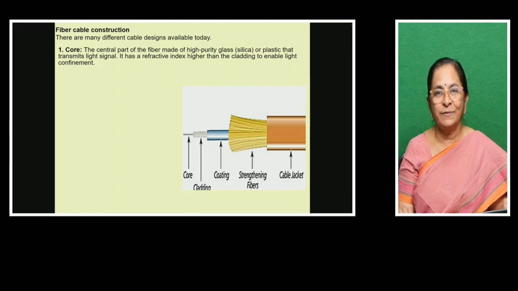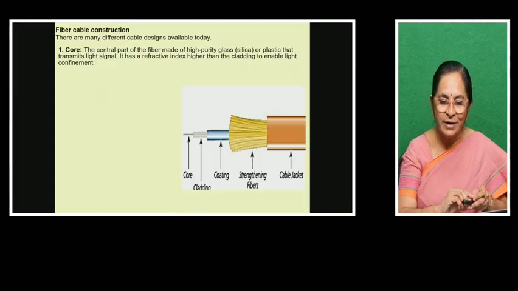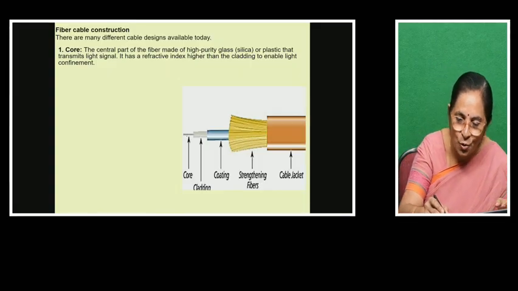The refractive index of the core should be higher than the refractive index of the cladding. That is the main condition. Core refractive index should be higher than the refractive index of the cladding, so that the signal could be confined within this core.